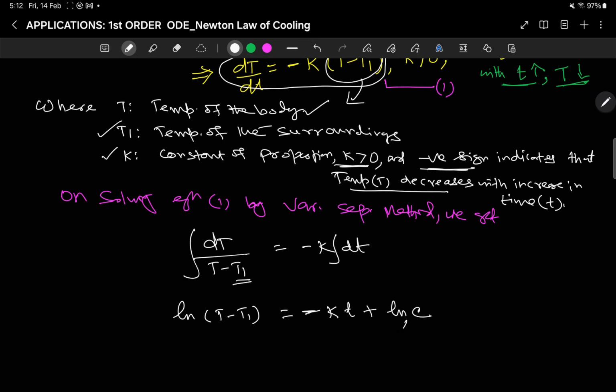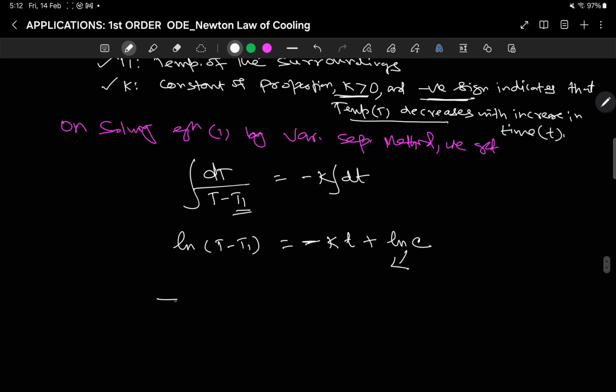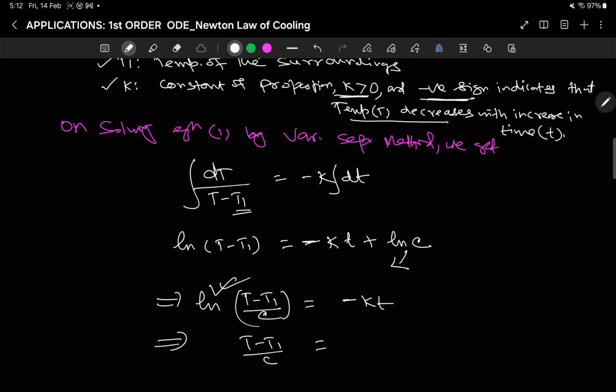Now bringing this to this side, ln a minus ln b, so ln((T - T1)/c) is equal to -kt. This implies, removing ln by taking exponential, (T - T1)/c is e to the power -kt.